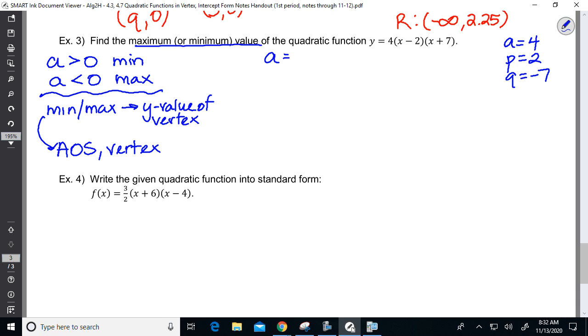So a is equal to 4, which is greater than 0. So that means you're going to have a minimum value. Figure out what you're going to have first. Then you can actually solve it.